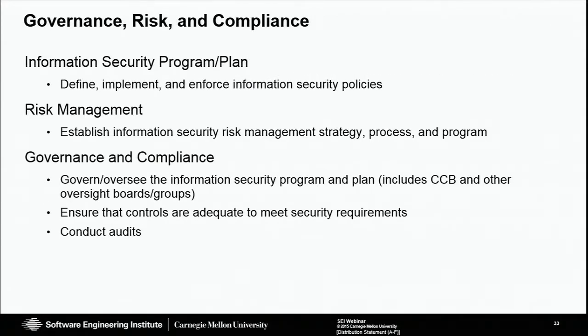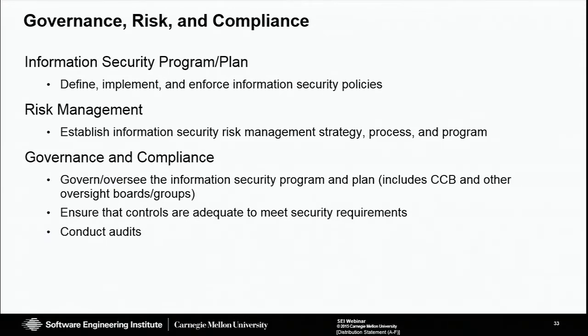Again, following along on the org chart, the next department, Governance, Risk, and Compliance, sometimes referred to as GRC, not to be confused with GRC tools. We do recommend the use of tools, but you need to know what you're doing first before you embark on any kind of a tool acquisition and implementation. But this is where the program and plan is done at the policy level, setting strategic guidance for the organization and making sure that guidance is followed, making sure you've got a reasonable risk management framework and process in place for identifying, tracking, and mitigating risk.